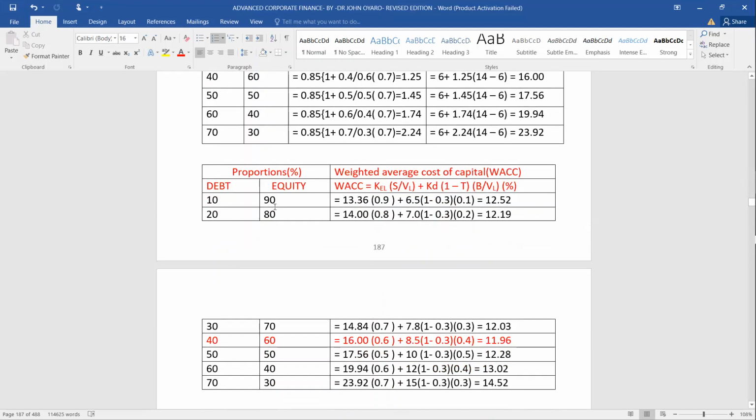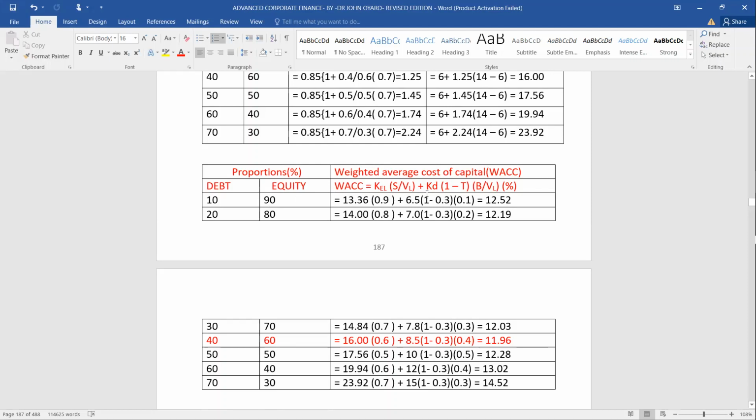10% debt, 90% equity. Tunaleta formula yetu sasa. Weighted average cost of capital is cost of equity of a levered firm, S over VL, plus KD, 1 minus T, B over VL. So cost of equity, we used CAPM and got 13.36. Proportion of equity, S over V, is the market value proportion of equity, 90%, that is 0.9.